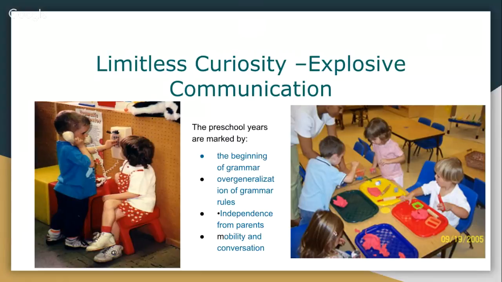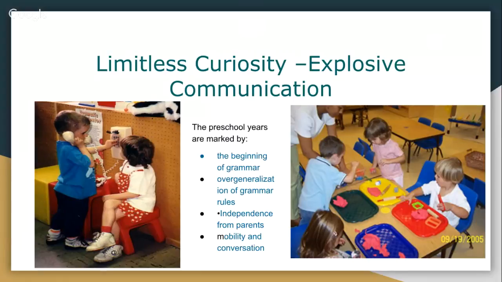We start to see in the preschool years, children are really getting a good grasp of grammar. In fact, to such a degree that they overgeneralize the rules of grammar. So if they start to understand that ED tells you about past tense, they may take ED and add it to many verbs to indicate past tense, whether those particular verbs use ED endings or not.